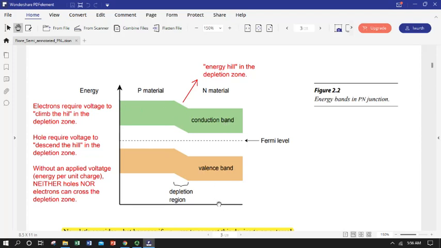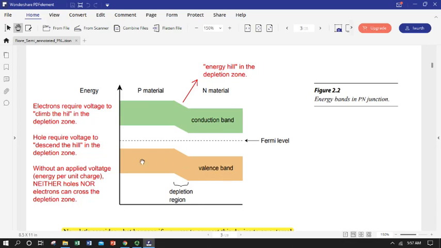So if we had a certain amount of energy in joules relative to some reference, from the bottom to top of the valence band, those values in joules would be less over here in the N than the P. And there's a slope to the bands as you go physically across the device from one side to the other, an energy slope with respect to distance.